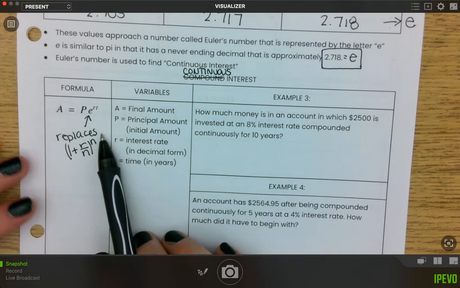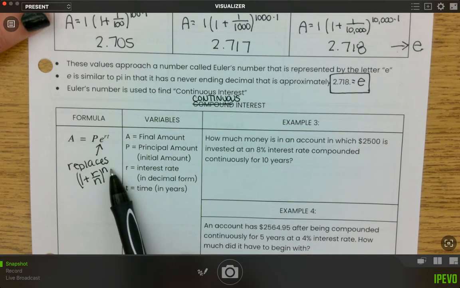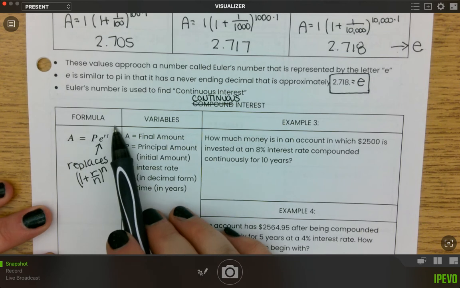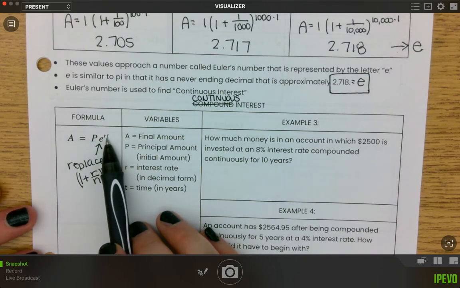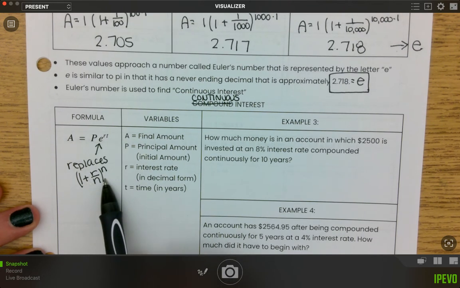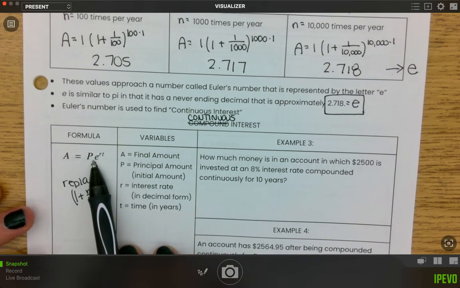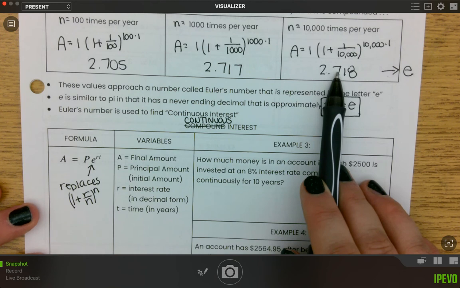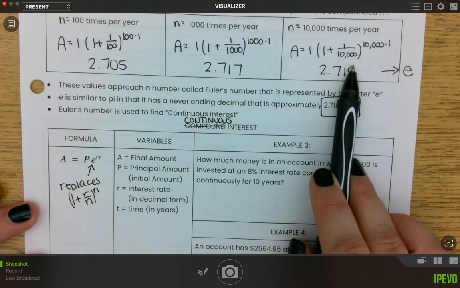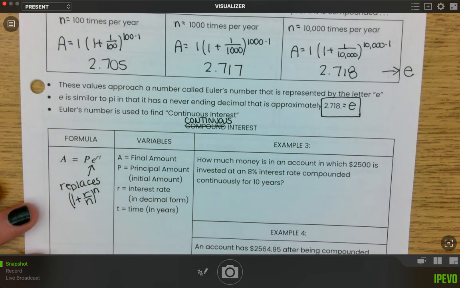So that part isn't here anymore like it was up here. So this is actually a simpler formula. A lot of people call it PERT, because that's what these four letters spell. Basically, instead of doing all of this complicated nonsense, you just use e, because all of this turns into that if you have just the ones and stuff. So that's the value of all of this, no matter what initial investment you have or what percent you have.